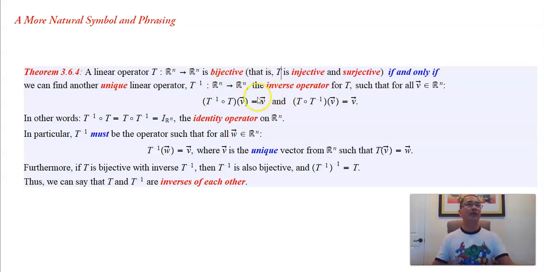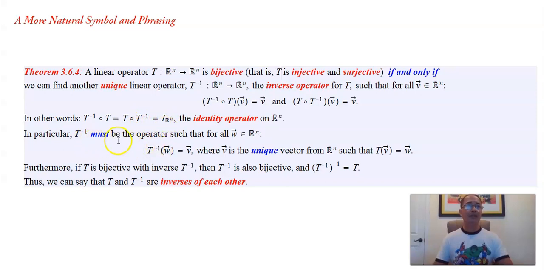If and only if we can find another unique operator, T inverse, also from Rn to Rn, the inverse operator for T, such that for all V in Rn, T inverse composed with T applied to V gives you back V, and T composed T inverse applied to V also gives you back V. So in other words, T inverse composed T and T composed T inverse are both the identity operator on Rn.